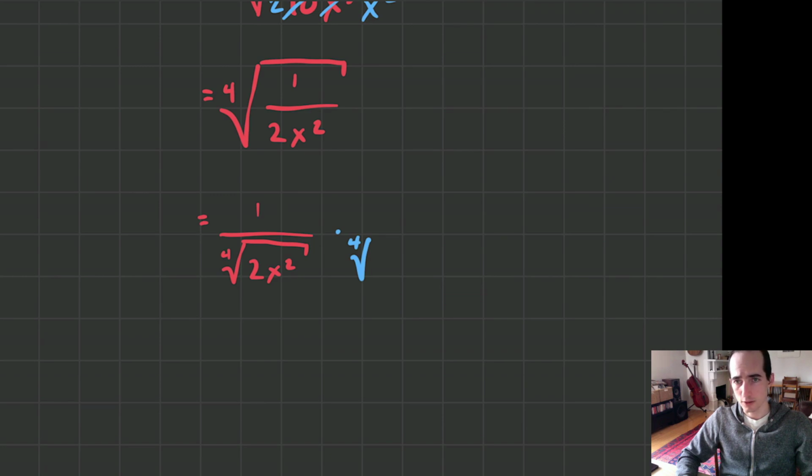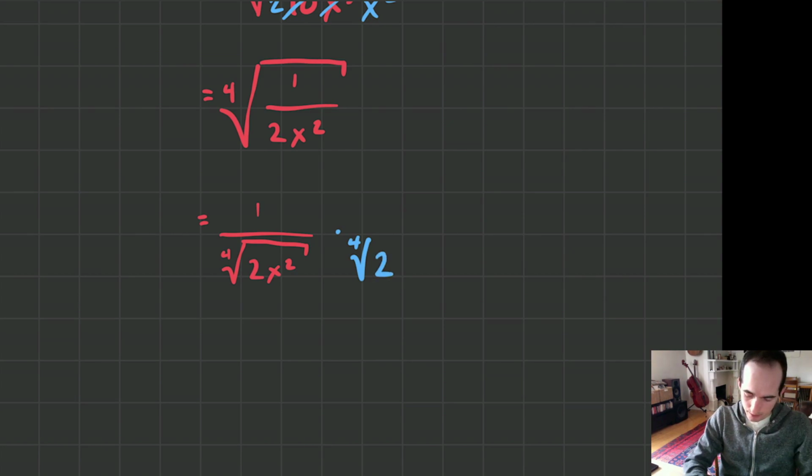I can't take the fourth root of 2. If I multiplied it by 2 again, I would get 4. 4 isn't a perfect fourth power. If I multiplied it by 2 one more time, I would get 8. That still wouldn't quite get me there because 8 isn't a perfect fourth power. So if I multiplied it by 2 one more time, in other words, if I multiplied it by 8, I would get 16, and 16 is a perfect fourth power. So let's multiply it by 8.